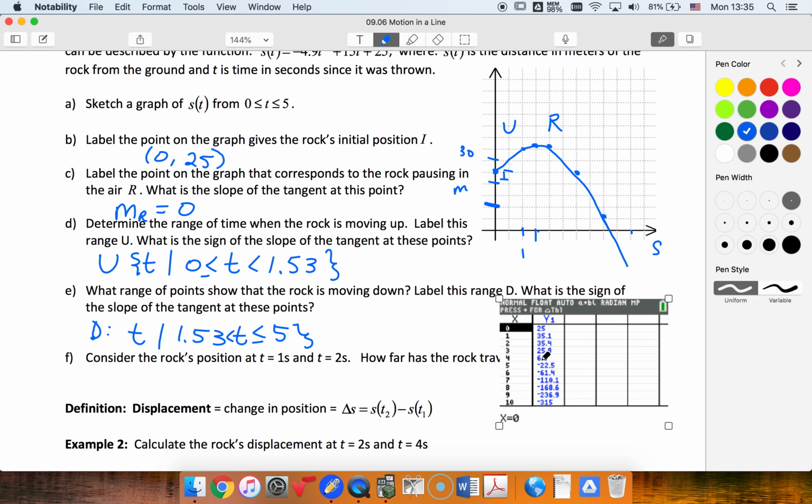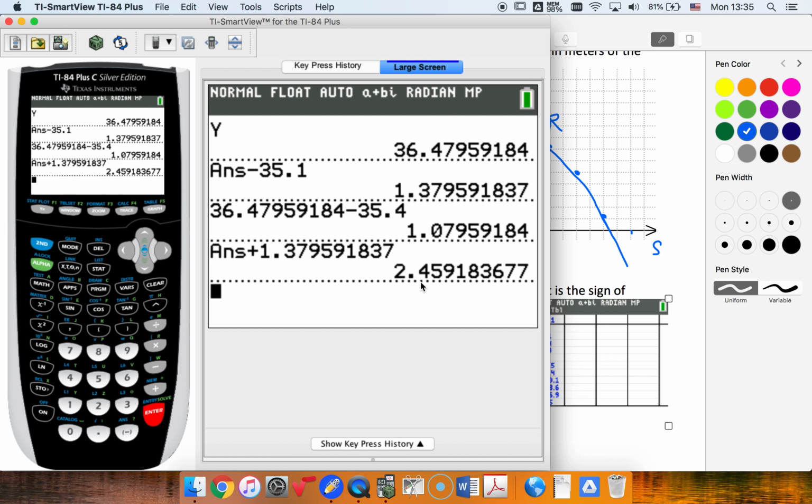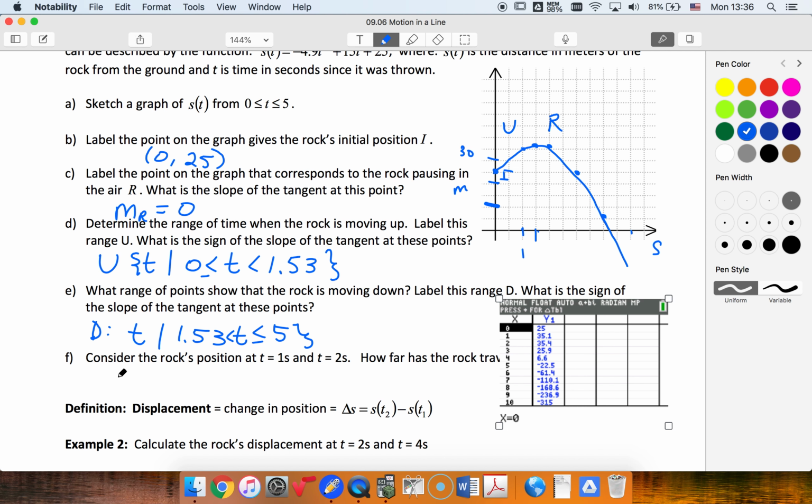If I had just looked at the displacement, I might say that it had only gone 0.3 meters. But really, my rock went a total of 2.46 meters. So that's my distance traveled as compared to my displacement. If I had just talked about displacement, I would have said 0.3 meters, or 3/10 of a meter. So displacement is the change in position, while total distance is how far we've actually gone.